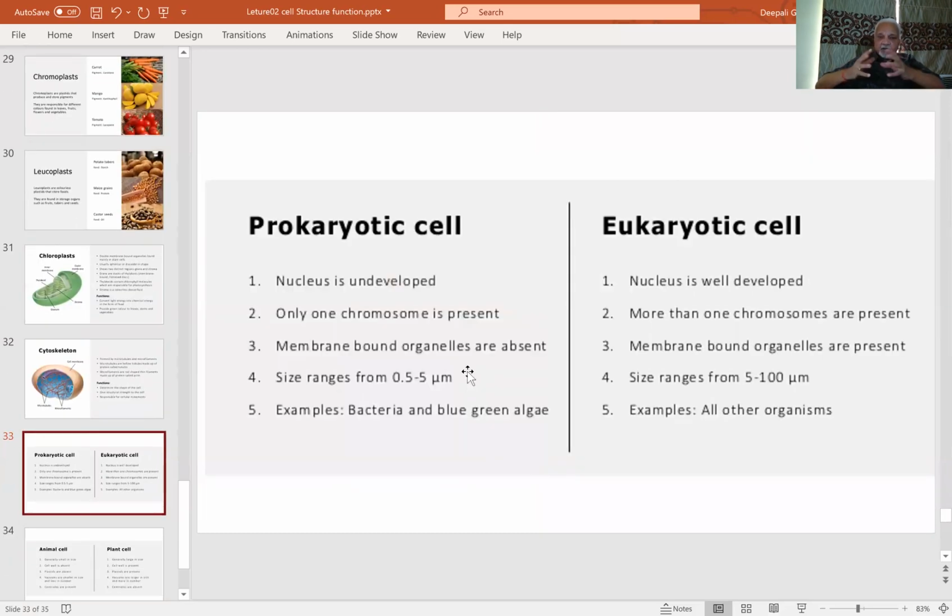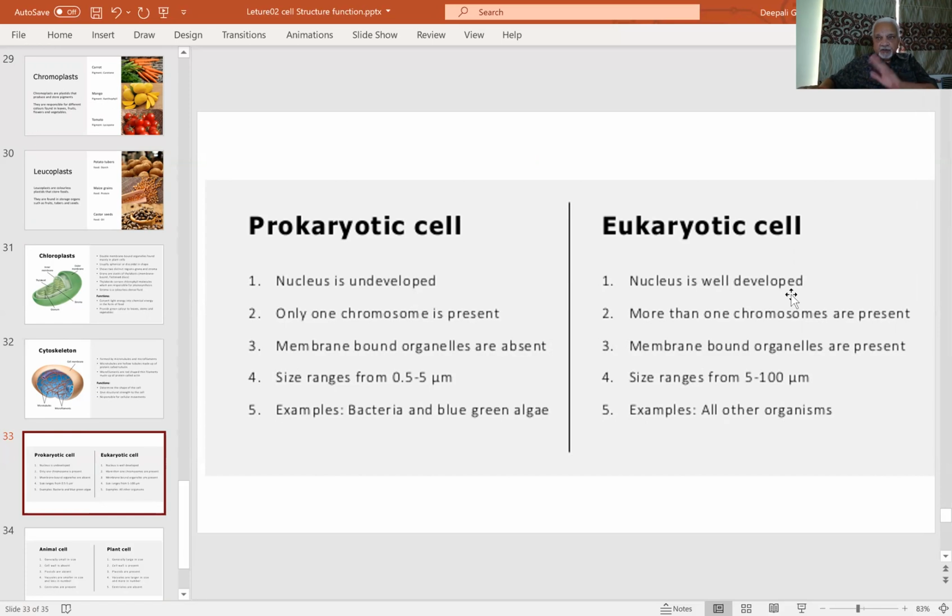So, to summarize this discussion on the organization of the unit of life, that is the cell. If we look at the difference between prokaryotic cell, that is the bacterial cell, and eukaryotic cell, it's very simple. In prokaryotes, the nucleus is underdeveloped, and in eukaryotes, the nucleus is well developed.